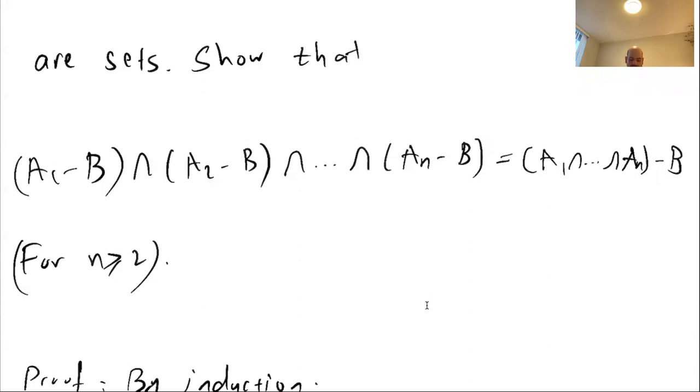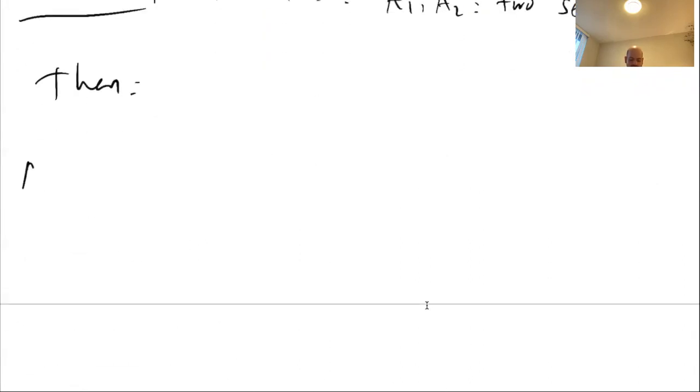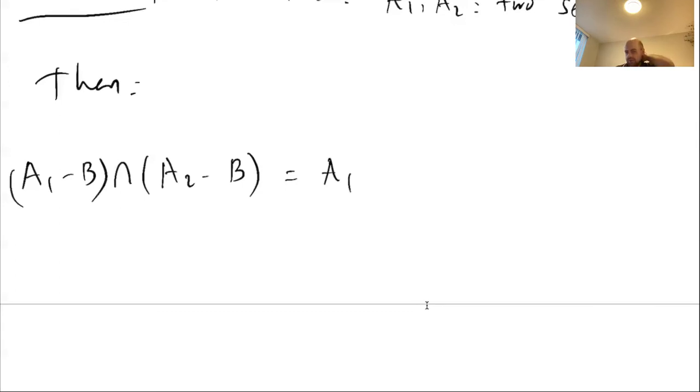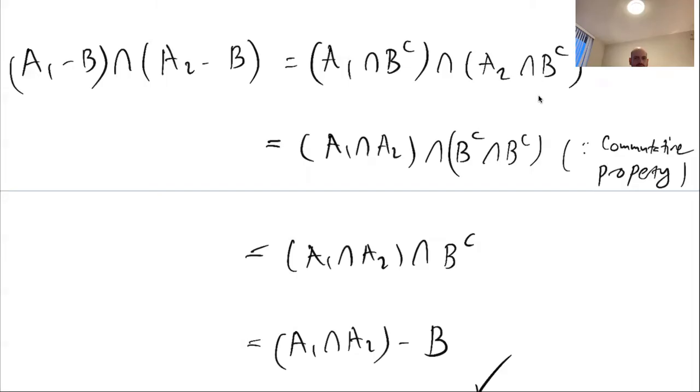Left-hand side is going to be A1 minus B intersection with A2 minus B. If you remember, A minus B, if A and B are two sets, is the same as A intersection B complement, right? So I can write this as A1 intersection B complement intersection A2 intersection B complement.